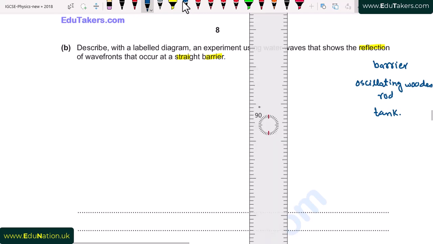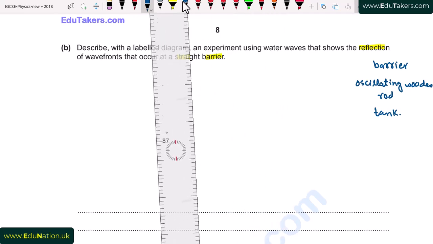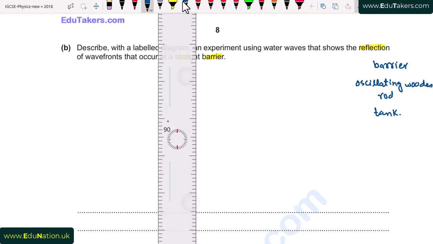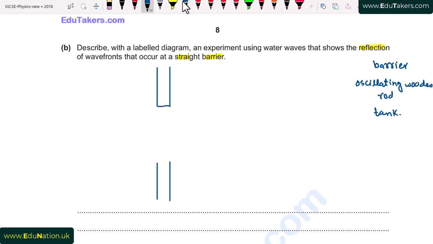Now if I consider that these are the barriers here, so there is a gap between these barriers and there must be the source for the generation of water waves.